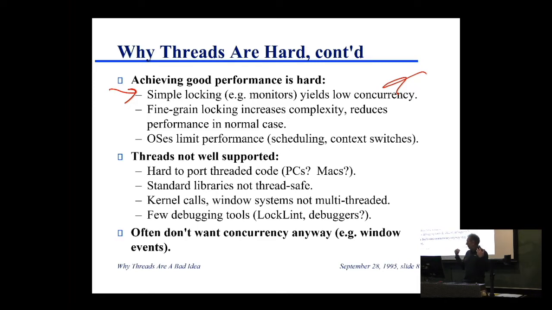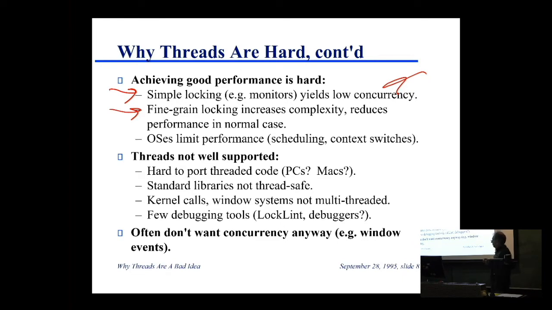So if we've got an OS-intensive workload, we're only going to keep one CPU busy because only one core can be in the operating system at a time, given such a large locking granularity. Alternatively, we could go for high concurrency to get good performance across multiple cores by having fine-grained locking, but fine-grained locking increases the complexity, provides all that opportunity for deadlock, and having to understand locking orders and what's going on in functions that you call.